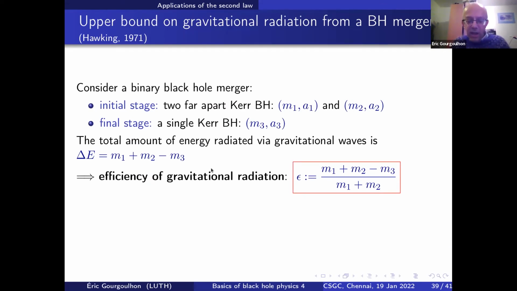Of course, if you take a binary black hole very close to the merger, in the evolution, then you're right. There is an important part of energy which is in the orbital kinetic energy. But this is not true when they are very far apart.